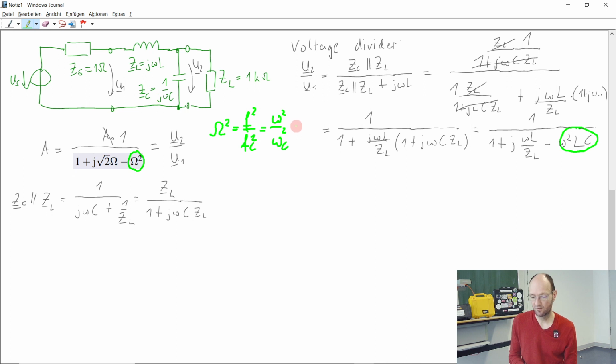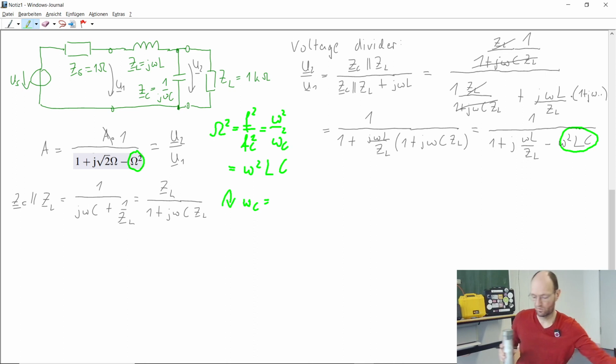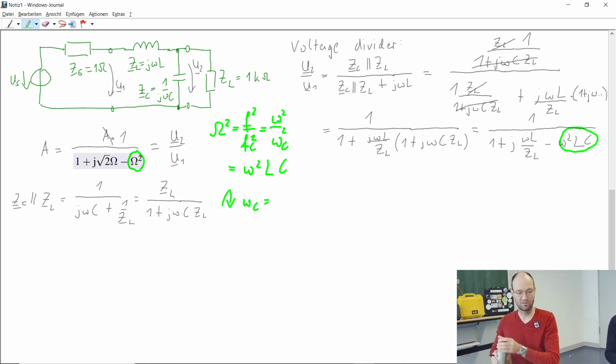And this is the same as, maybe let's continue here, this is the same as omega squared L times C. So from this we can say, okay, our corner frequency should be, what is the corner frequency that we get from this equation?